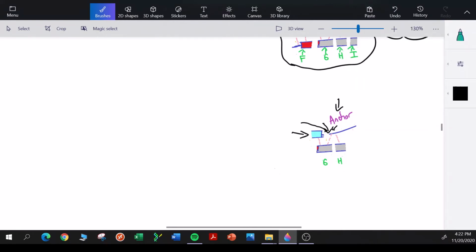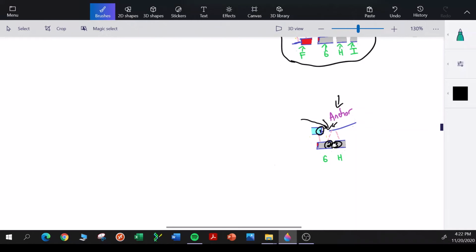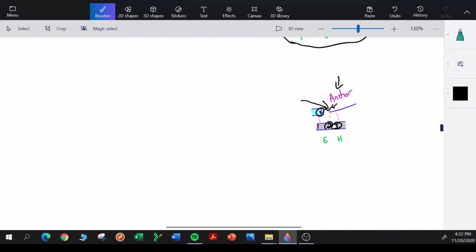But theoretically, this end here could be ligated to here, here, here, or even these, which are a little bit further away. I'm going to ignore these because they're too far away and just focus in on the most likely ends that the anchor will be ligated to. I'm going to call it 1, 2, and 3. So 3 ends that the anchor will most likely be ligated to.